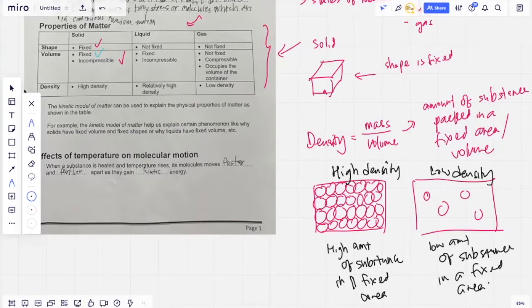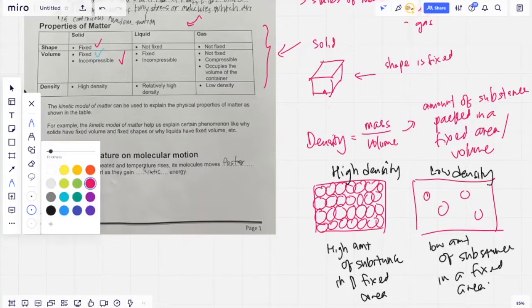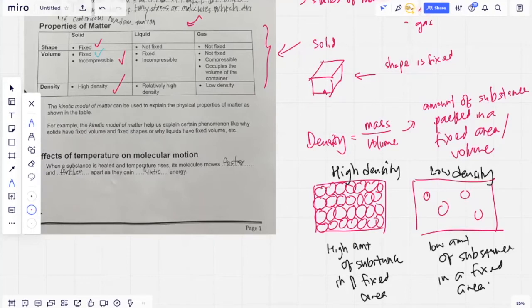In the case of solids, they are considered high density. That means there are no empty spaces inside the solid. Everything is packed together. So that explains high density. But density will be better explained with the kinetic model of matter later. So this is solids, four points.